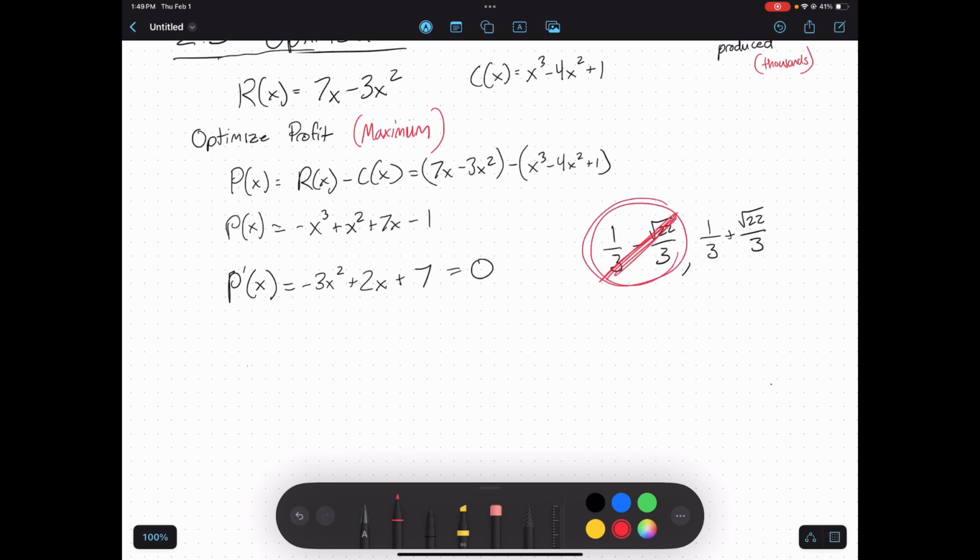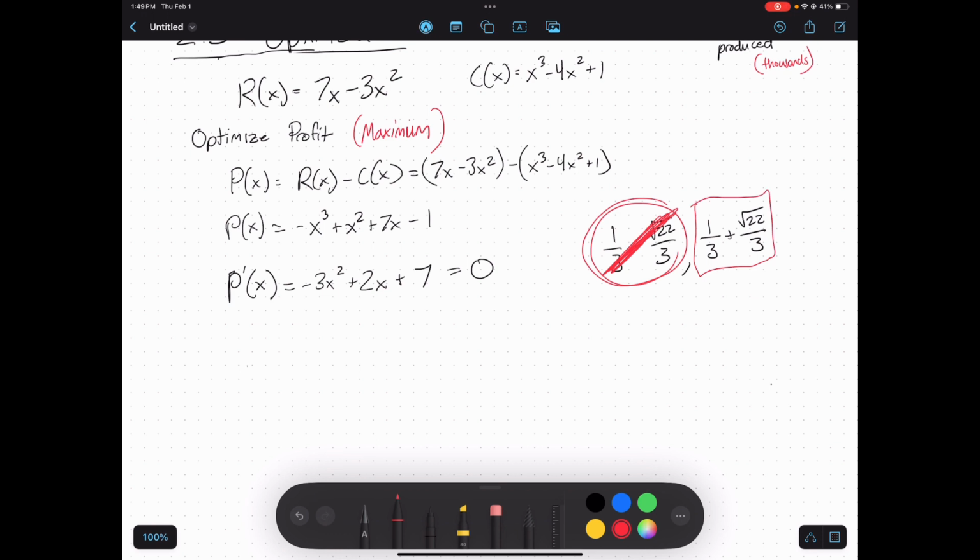Why can I disqualify it? This is going to end up being a negative number, and I don't want to produce negative values or negative products. I can't produce negative products. So negatives are not defined in this context. I'm only looking for positive values. So there's my positive value.